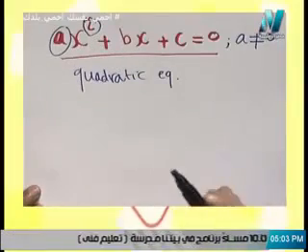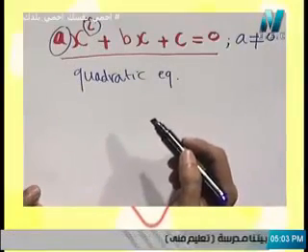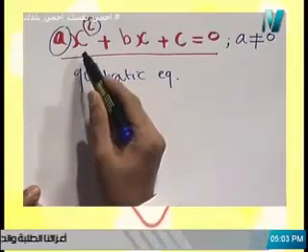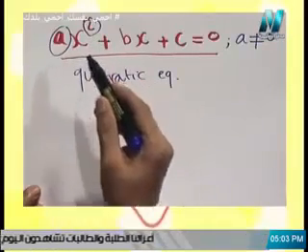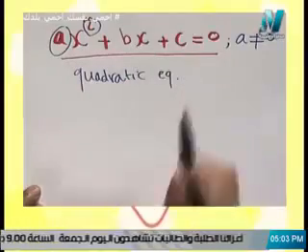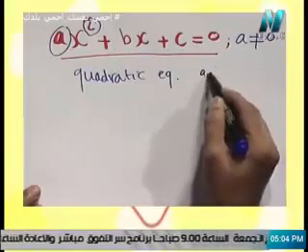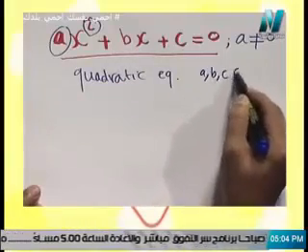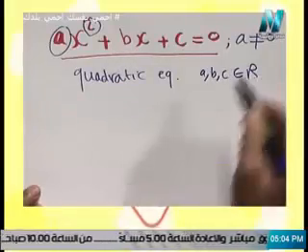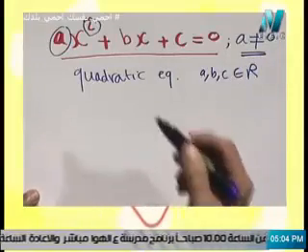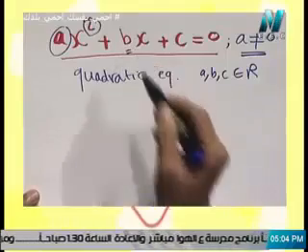Okay? How to solve this equation? If we have a second degree equation in one variable, meaning we have only x here, a, b, c are real numbers, and as we said, a doesn't equal 0. Can b equal 0?